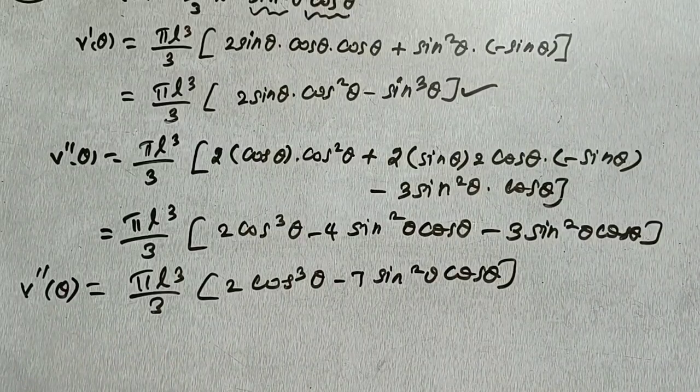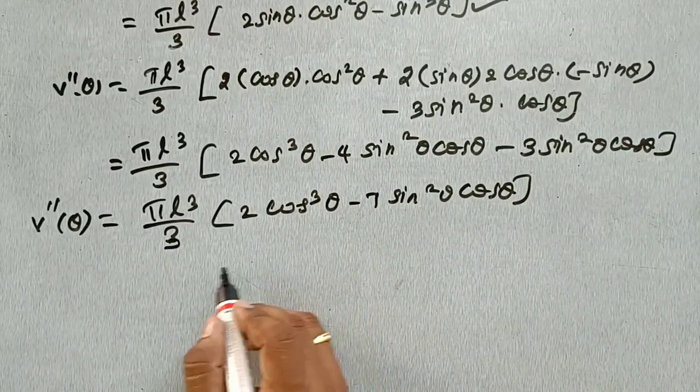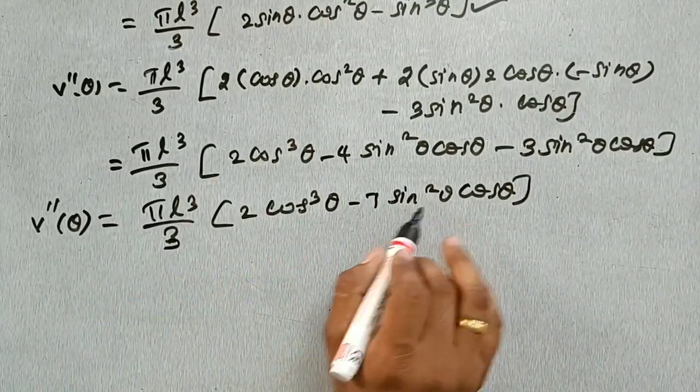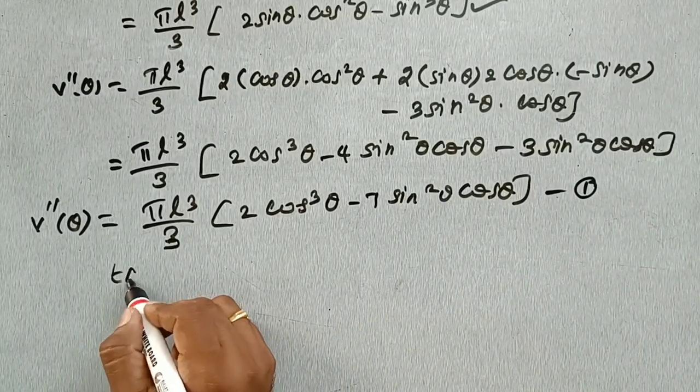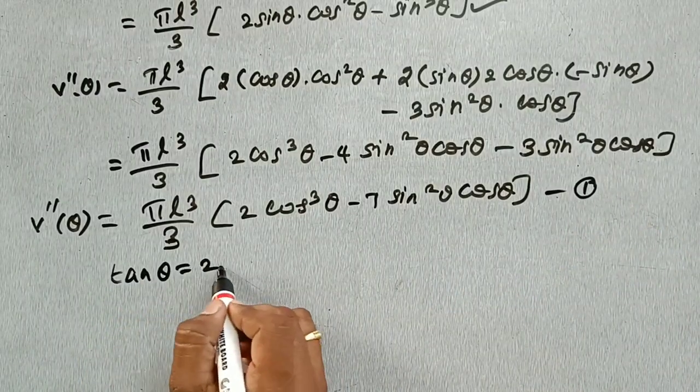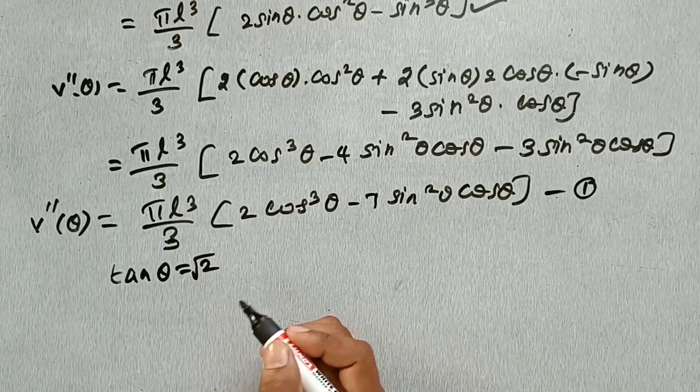Now we need to check whether this V double dash of theta is less than 0 or not at the point theta equal to tan inverse of root 2. So already we have tan theta, we can keep it as equation number 1. Already we have tan theta equal to root 2.